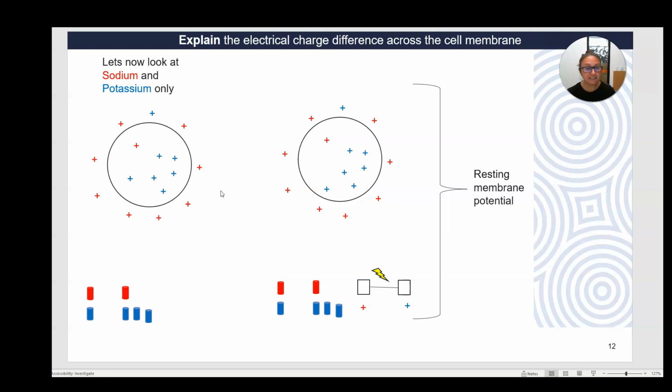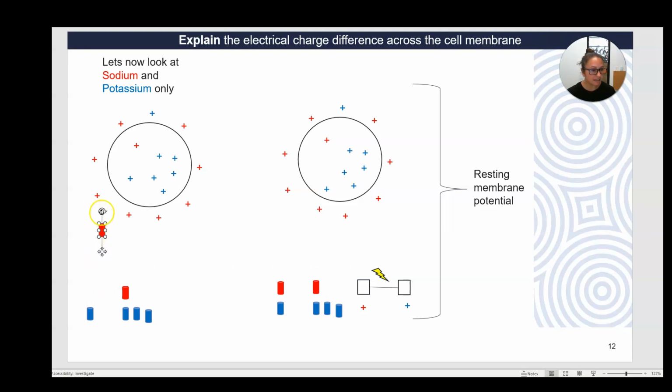Right, so the difference is that you have more sodium sitting on the outside of the neuron compared to inside, and you have more potassium sitting on the inside of the neuron compared to the outside. Okay, check. Very, very good. All right, so we know we have more sodium sitting on the outside, but did you know that there are proteins called sodium leaky channels?